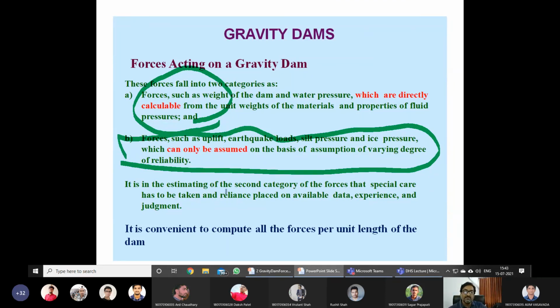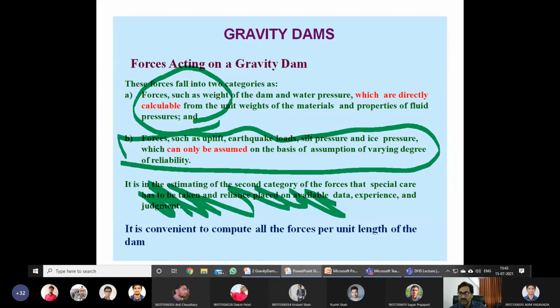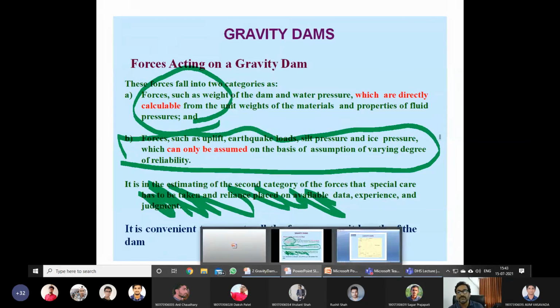It is that in estimating the second category of forces, special care has to be taken and reliance placed on the available data, experience and judgment. So the engineer's role comes into the picture here: you take better judgments, you calculate not approximate values, but most near-perfect values. That is the meaning here.